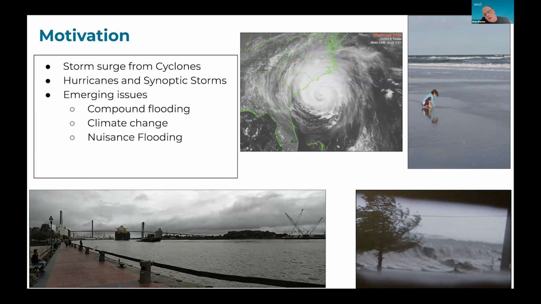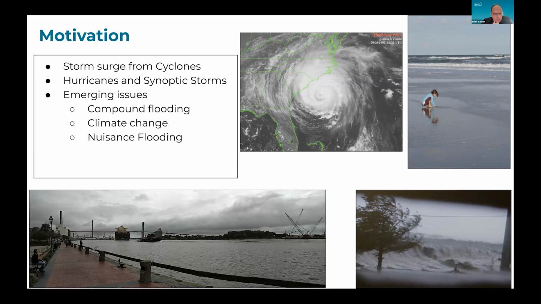The lower right is actually an overtopping of the wall during Hurricane Katrina. Just to say that it's not just extreme weather that we're ultimately interested in. It's really presentation of a bunch of information that we generate, largely driven by hurricane and synoptic storms. And if you look to the future, really compound flooding, climate change, and increases in the buzzword, nuisance flooding that you've probably heard a lot about recently, are things that we're really focused on.